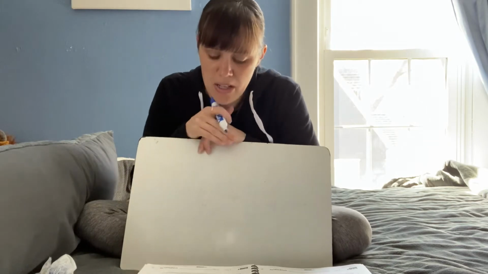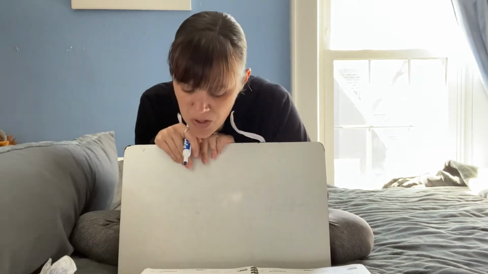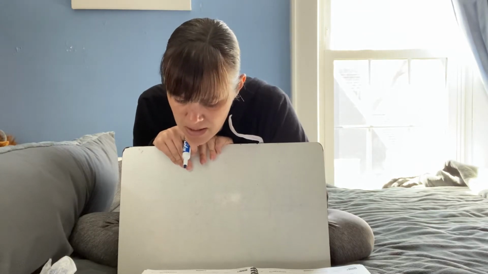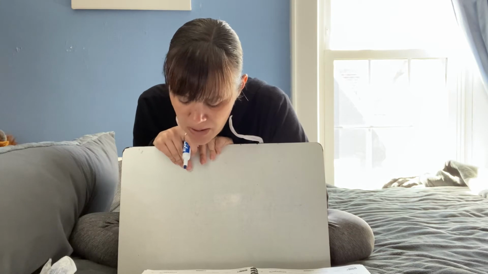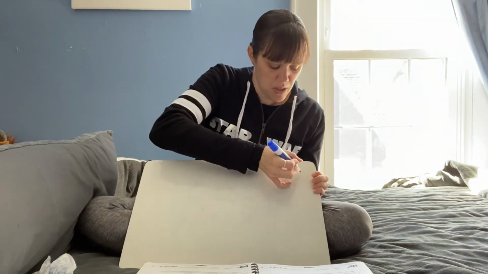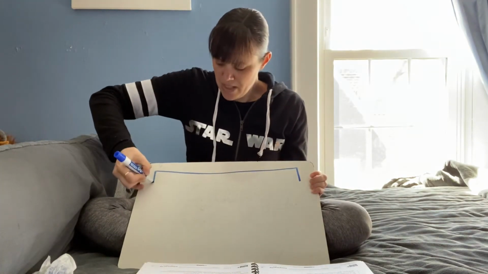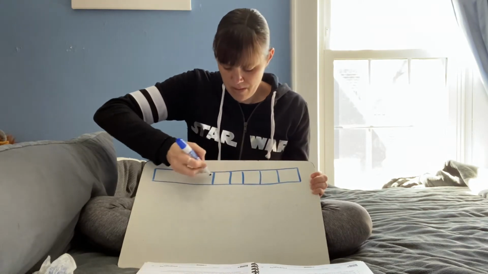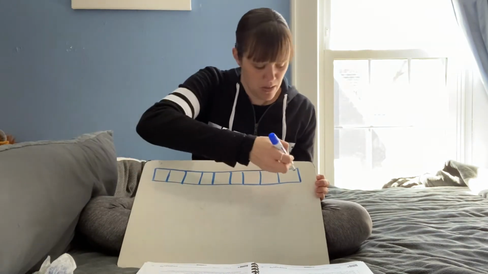The first one is: shade the first 7 units of the tape diagram, and count by tenths to label the number line using a fraction and a decimal for each point. Boys and girls, that's what we just did. Okay, so we start with a tape diagram. 1, 2, 3, 4, 5, 6, 7, 8.